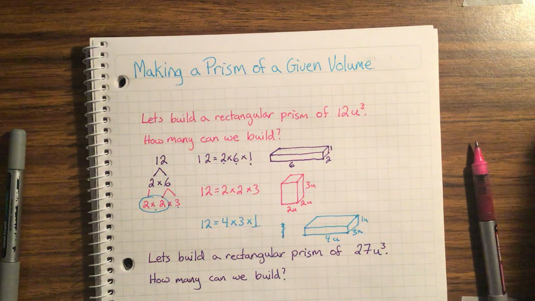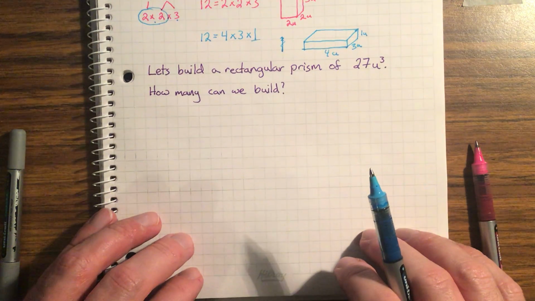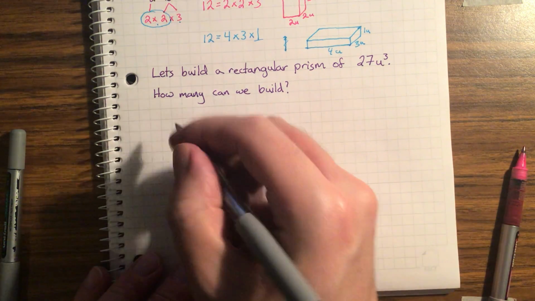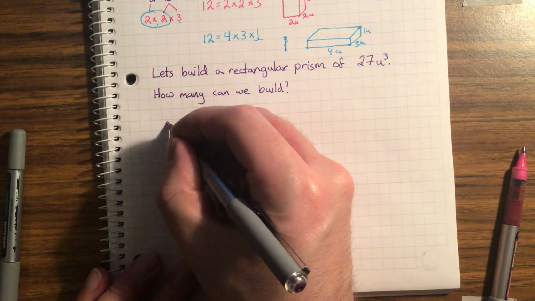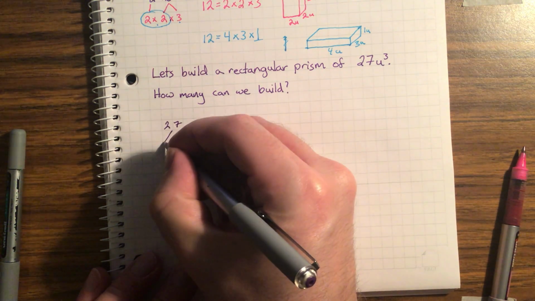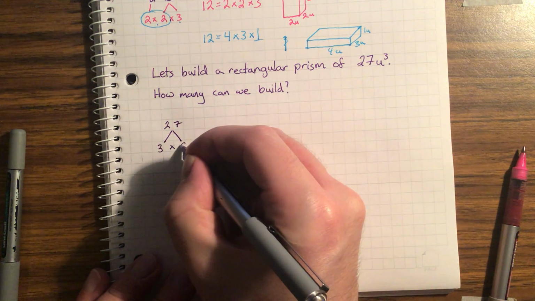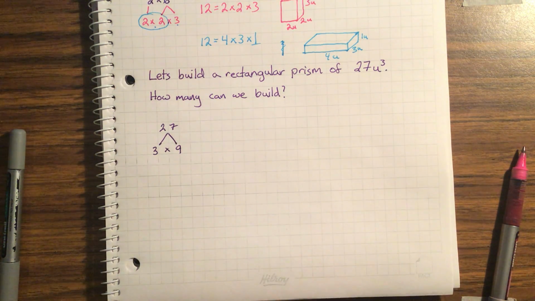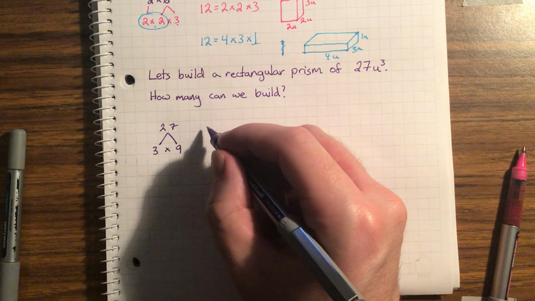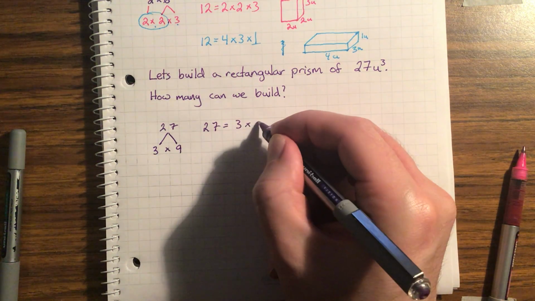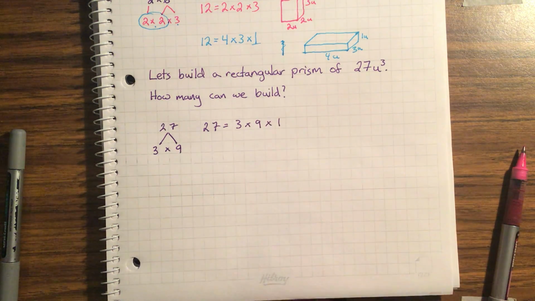Okay, now let's look at the next one. Let's build a rectangular prism of 27 units cubed. So I'm going to start off with my 27 number. I'm going to start breaking that down. I can break it down to 3 times 9. So my first one that I can make is 27 is equal to 3 times 9 times 1.